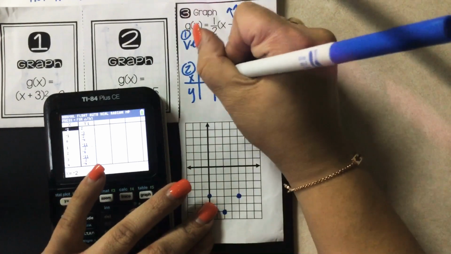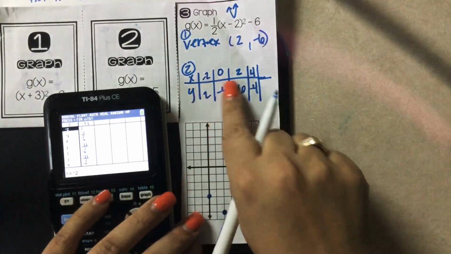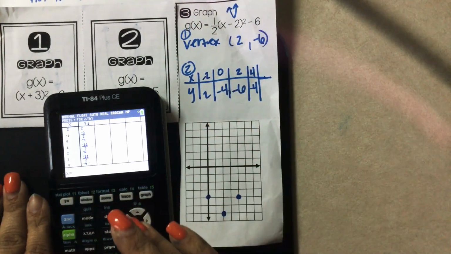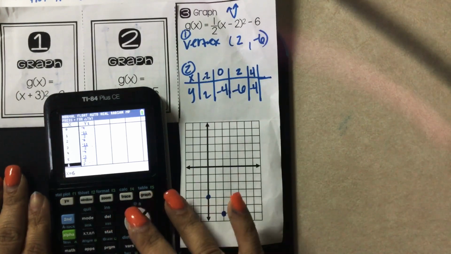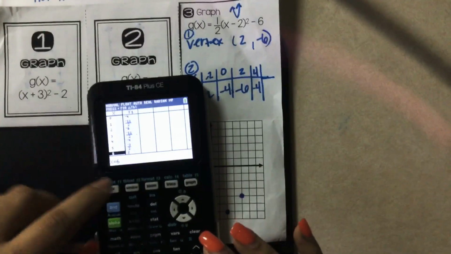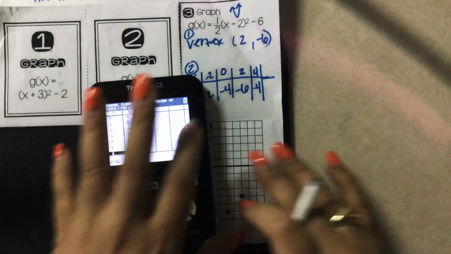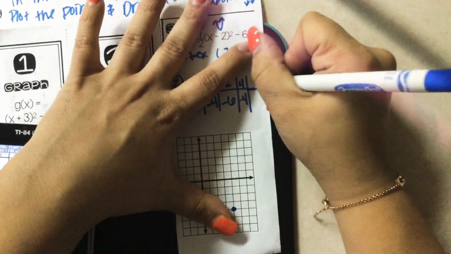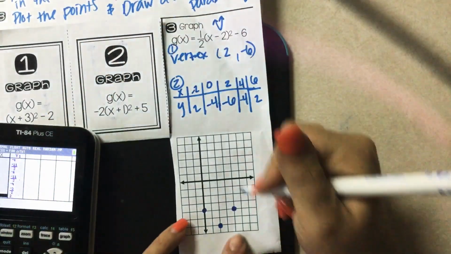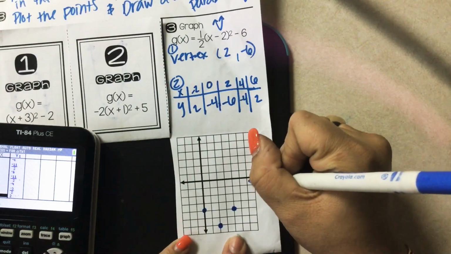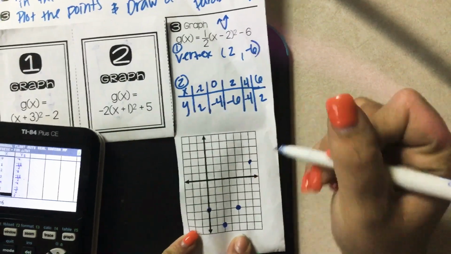We've got a -2, 2. And if the pattern continues, it should be 6, -2. Or sorry, 6, 2. And look, 6, 2. Two and 2.